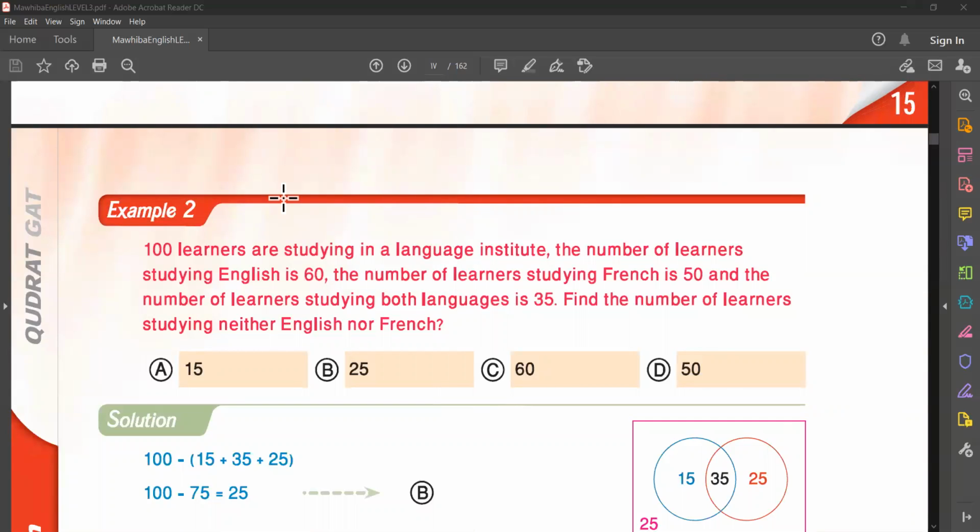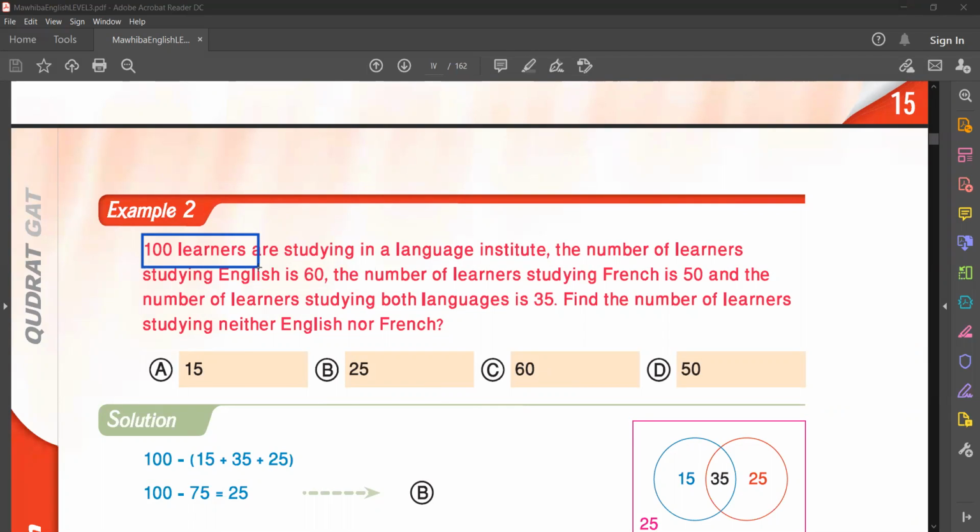The second example says 100 learners are studying in a language institute. The number of learners studying English is 60. Look here, and pay attention to the numbers.